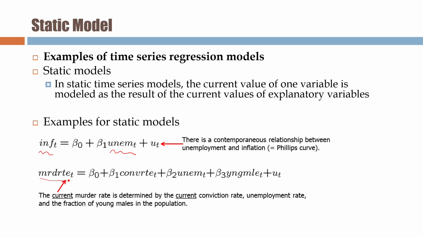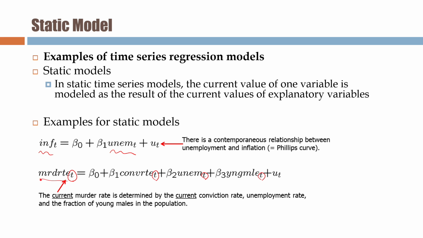This is a model of the rate at time t. So we are using the same time information. This is what we call the static model. We are not looking at the past. We are not predicting the future. We are just using our current information, and our independent variable is also the current information.